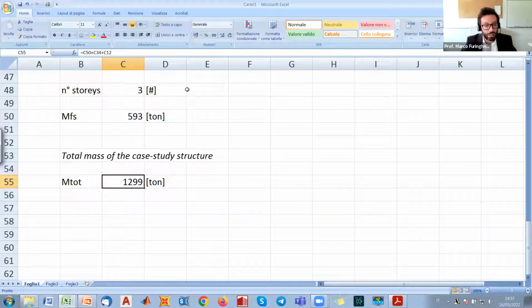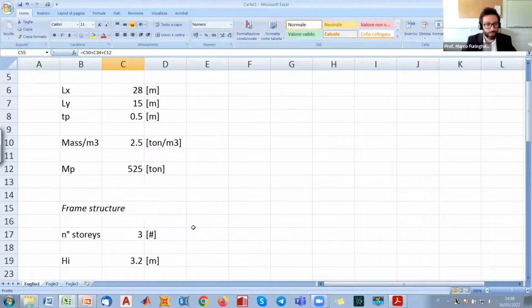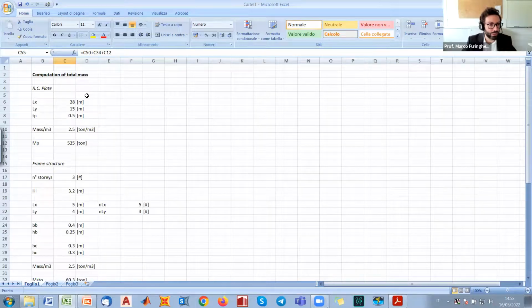Okay, and we need to consider this value for the pre-design of the isolation systems. So we will start from this value, and according to all the typologies of the isolation devices that we want to account for, we will come up to the mechanical properties and the geometrical characteristics for all the isolators. If there is no question about this very fast computation, you see that these are just hand computations for the total mass.